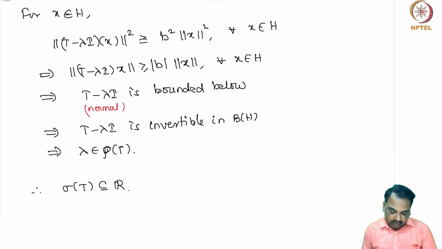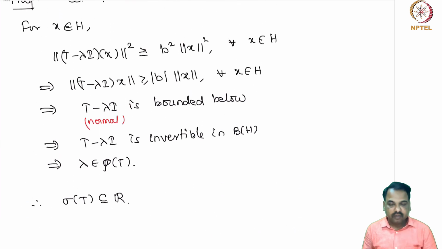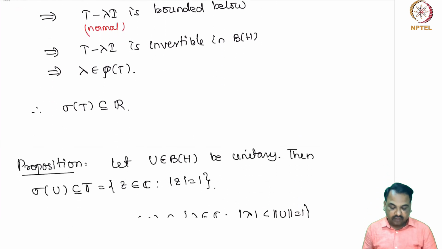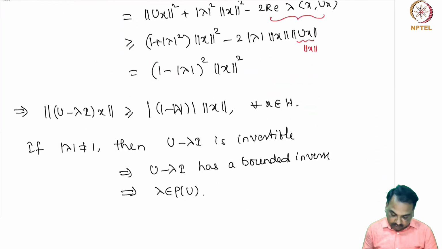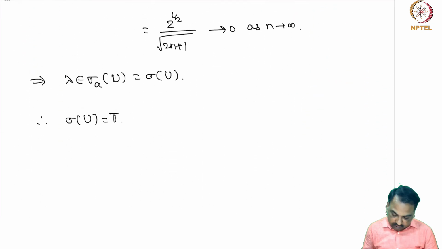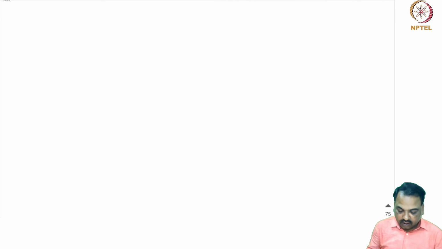So far we have discussed the spectrum of normal operators, self-adjoint operators, and unitary operators, and now let us look at the spectrum of an orthogonal projection.